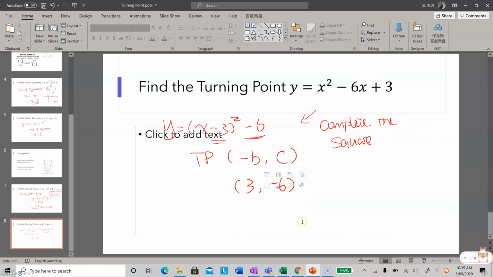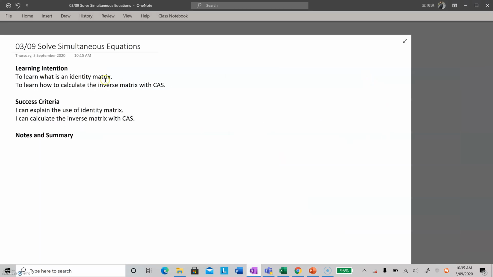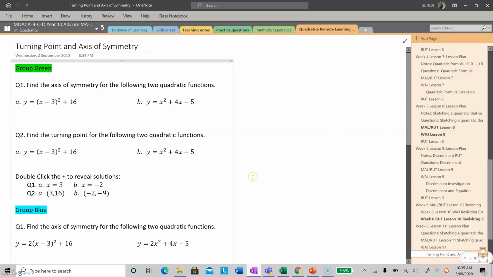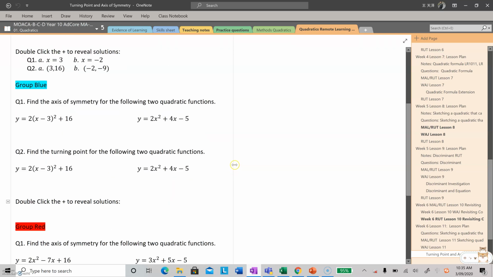Okay, so that's pretty much the end of the slideshow. In today's lesson, what I would like you to work on is a separate page called Turning Point and Axis of Symmetry. I'd like you to work on these questions. I put the questions into 3 groups: green, blue, and red.